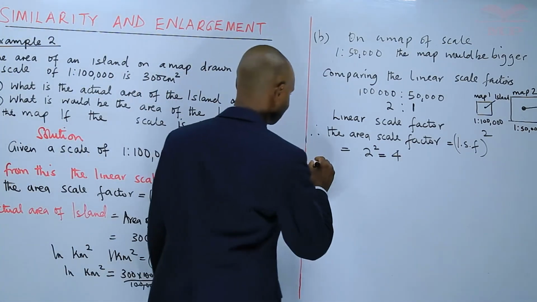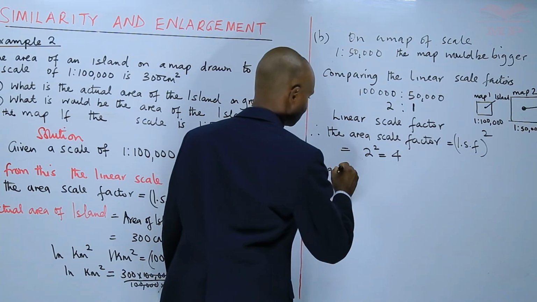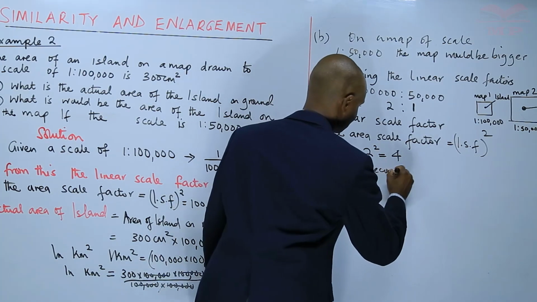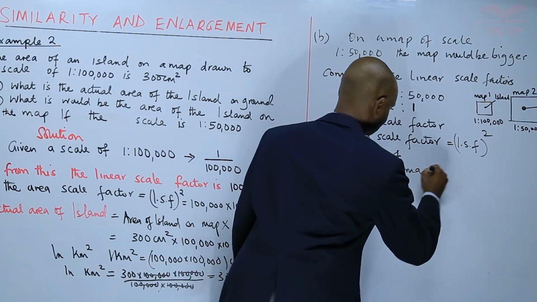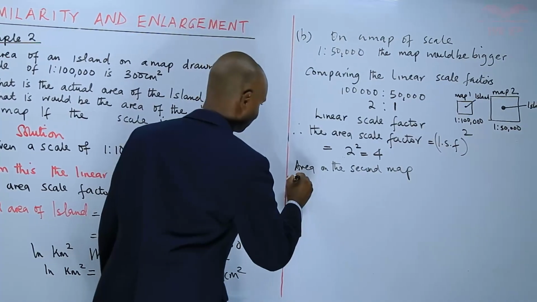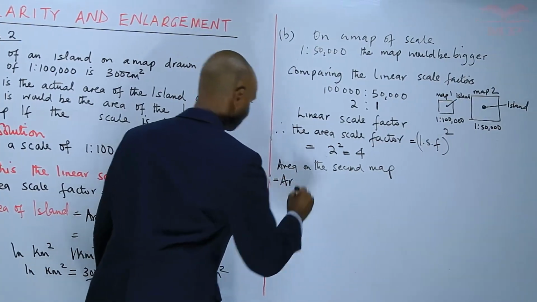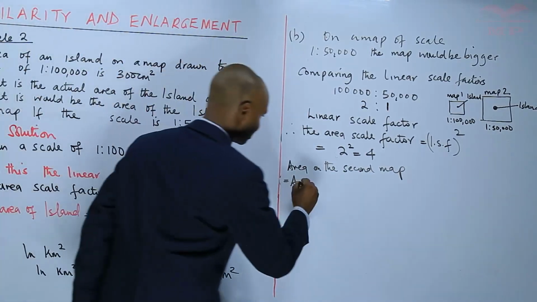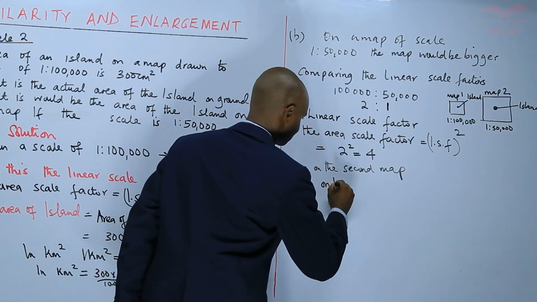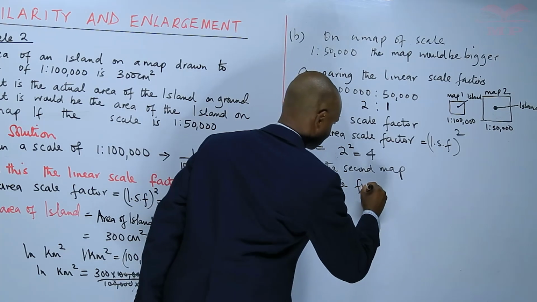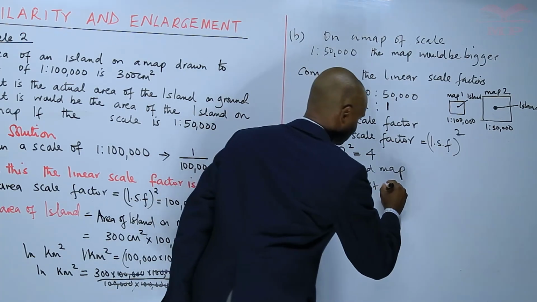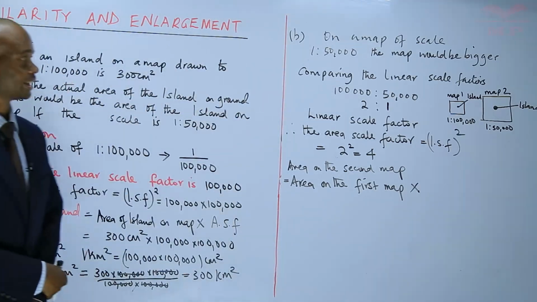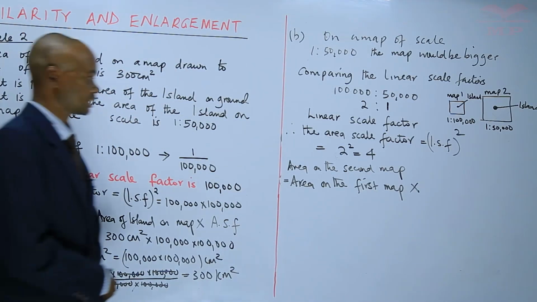So we'll come and say the area on this second map will be equal to the area on the first map, which was given, multiplied by the area scale factor.